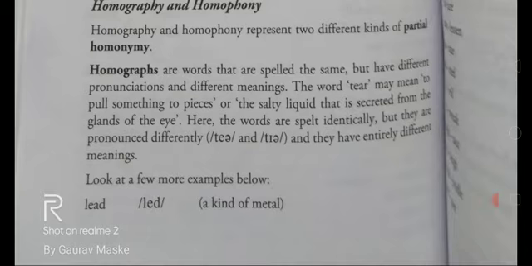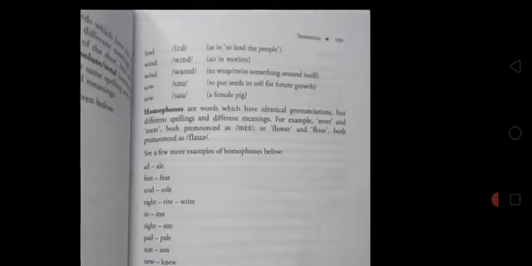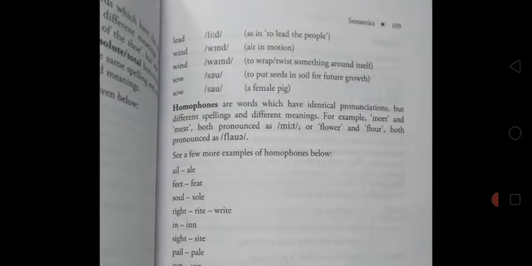Lead, a kind of metal; lead, as in to lead the people. Wind, air in motion; wind, to wrap or twist something around itself. Remember, though the spelling is similar, it is pronounced differently and the meaning is quite different.